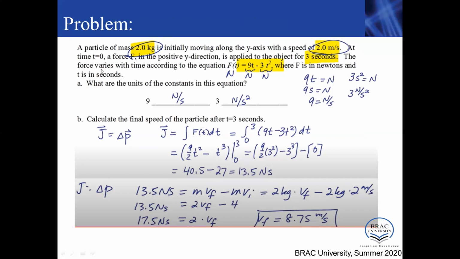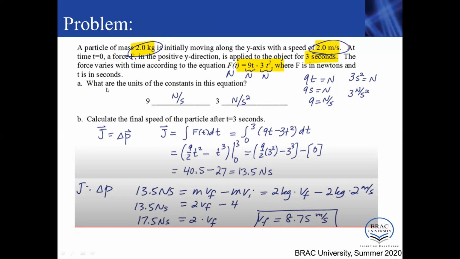The force varies with time according to the equation F(t), here force is a function of time. So F(t) is equal to 9t minus 3t square. This is basically the force equation, where F is in newtons and t is in seconds.